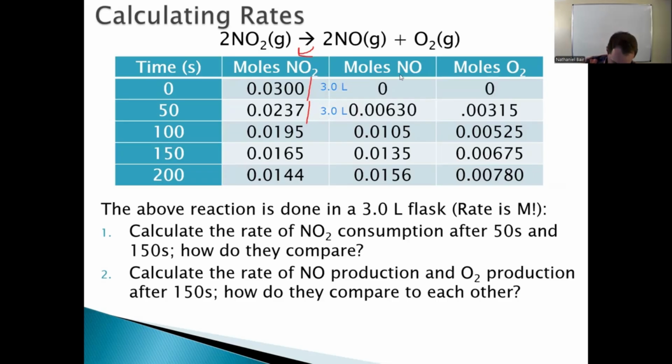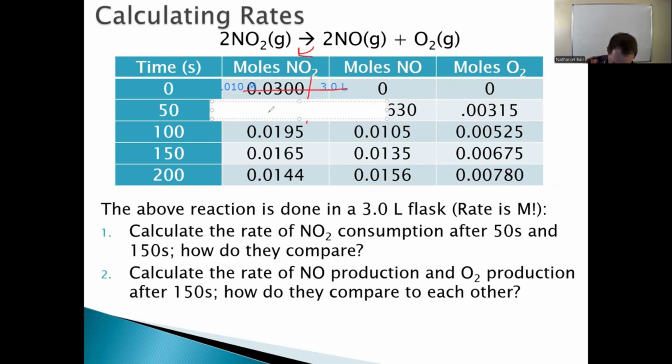So let's do that. 0.03 divided by 3 is really 0.010 molar.